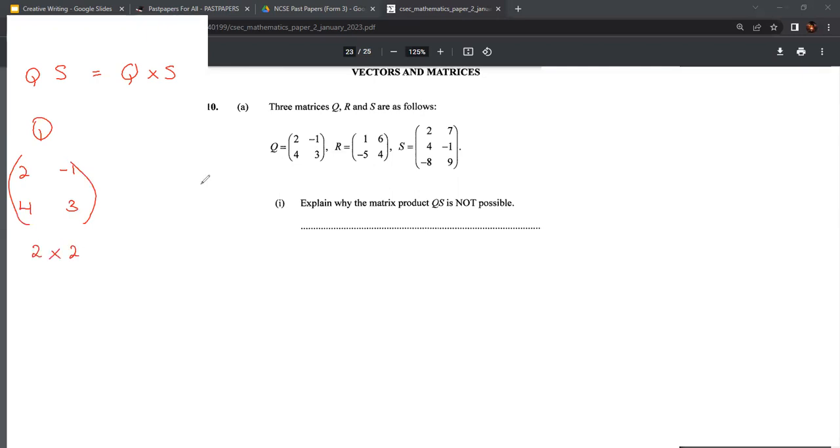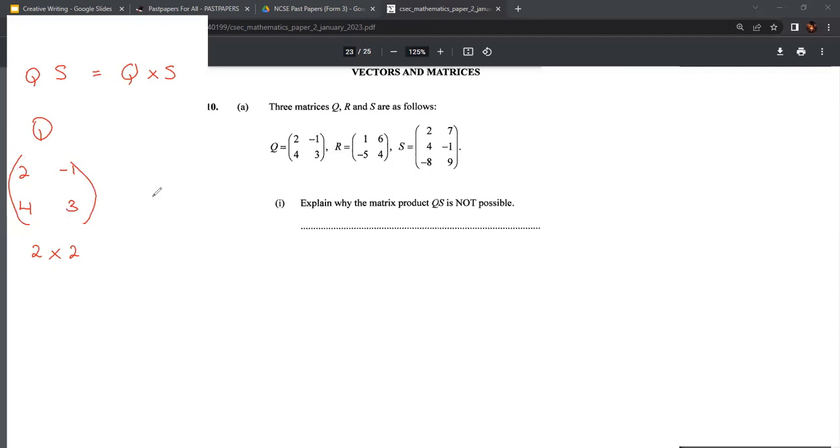So remember, it's always row by column. So you check your number of rows, 1, 2, by your number of columns, 1, 2. You do not multiply it. So if they ask you for the size or the order of that matrix, it's just a 2 by 2.